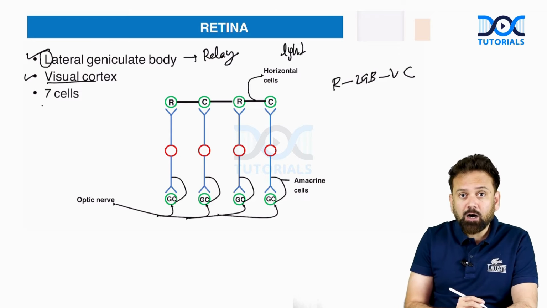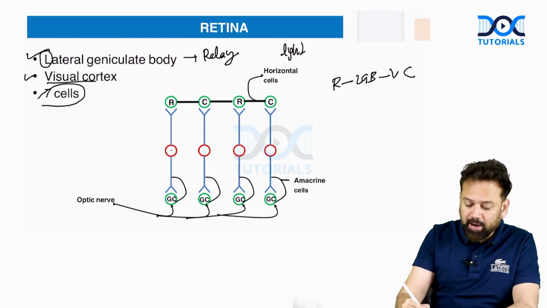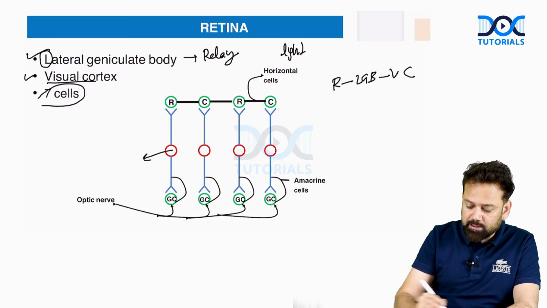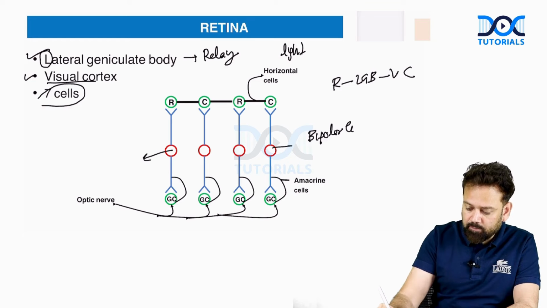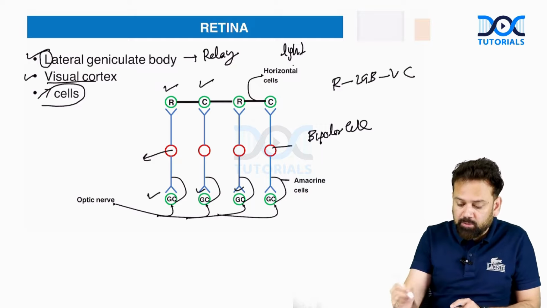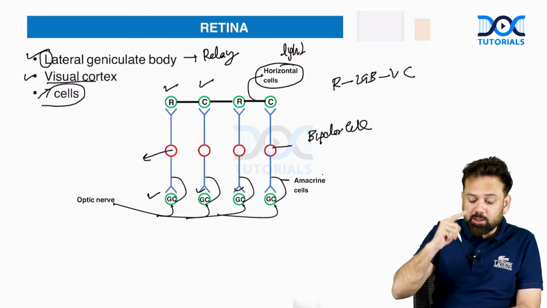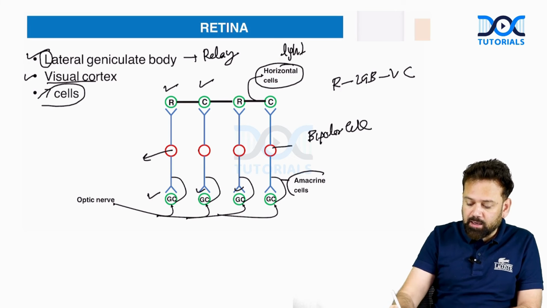Now coming to the retina, how many cells are there in the retina? There are 7 cells. Now this is the bipolar cell. It will connect rod and cone with ganglion cell. And rod and cone are connected to each other by, answer is horizontal cell. Now bipolar cells are connected to the ganglion by, answer is amacrine cell.